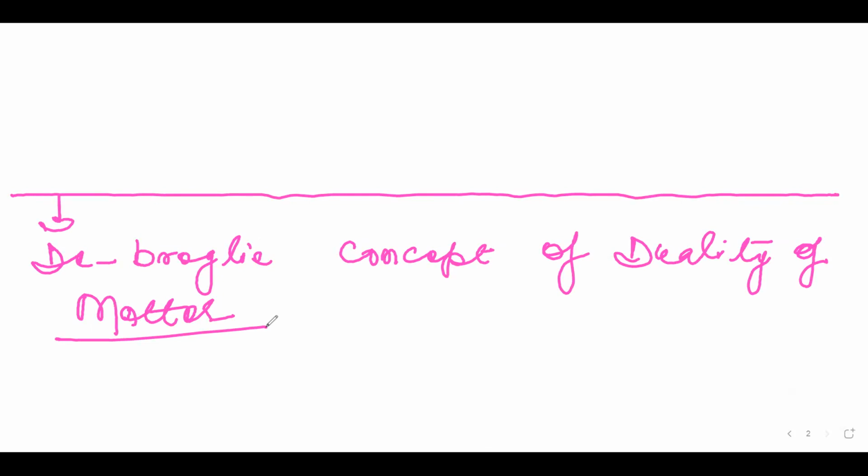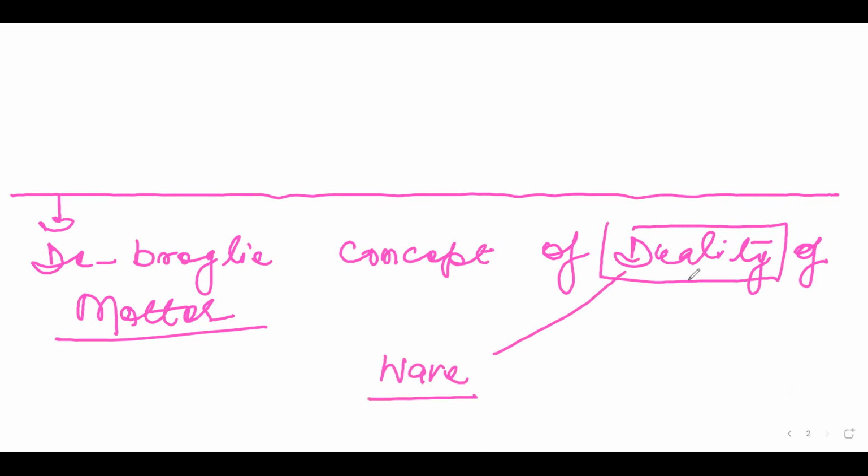What do I mean by duality of matter? That is, matter has wave as well as particle nature. Matter is wave as well as particle.